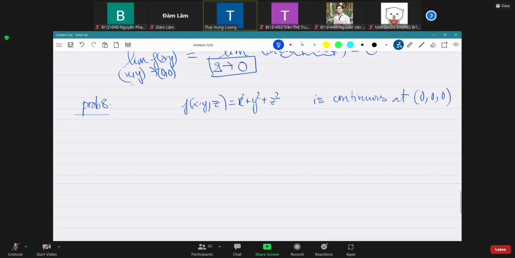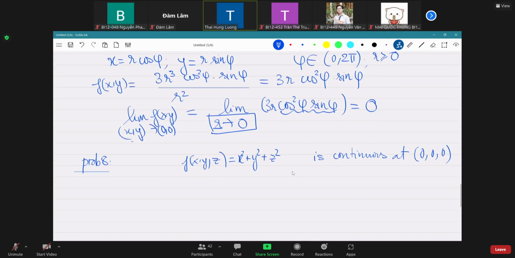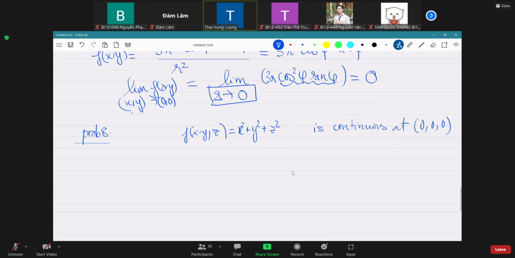Let's think about it. For the other students, you can continue thinking about problem 8.